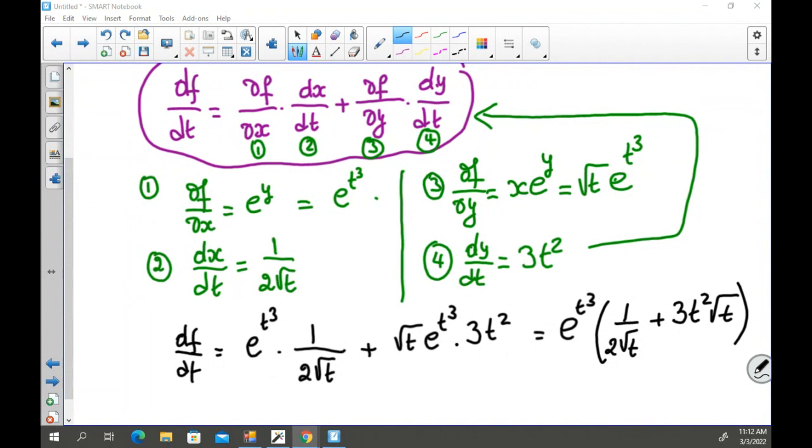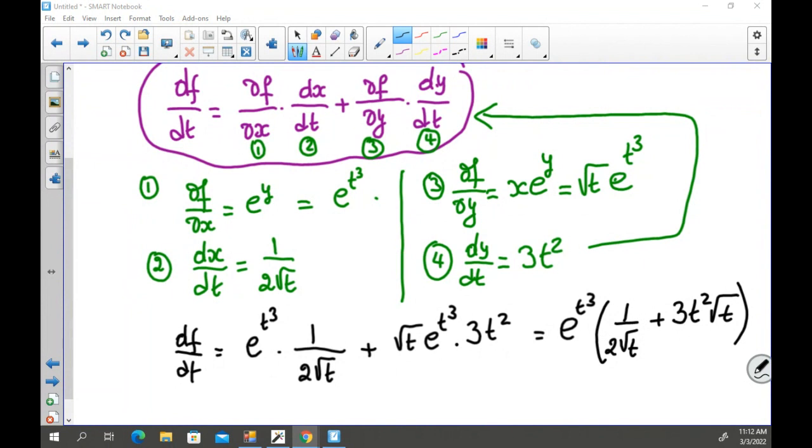Okay. Now the directional derivative. I think we did many questions like this in class. So we have a function f of x, y.